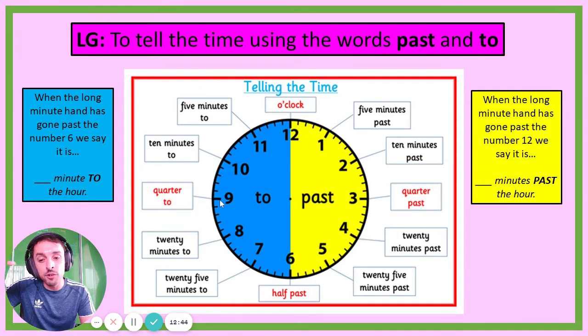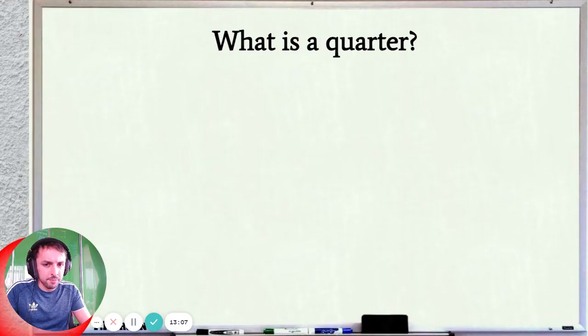Now when it's 9, it's quarter to. See, what 3 was quarter past, 9 is quarter to. Then 10 is 10 to. We've only got 10 minutes to. Then 11 is 5 to. And then when we get back to 12, you're back to o'clock. Okay, so I hope this helps a little bit.